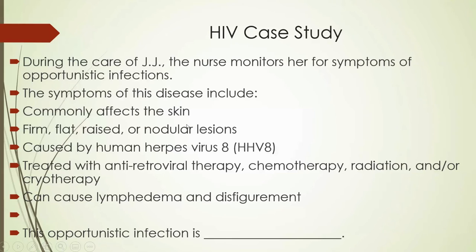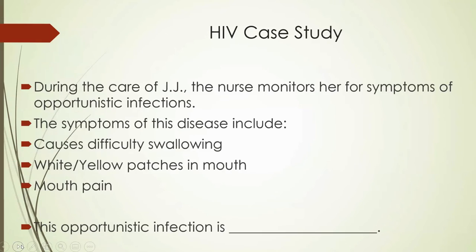So the picture we saw had a lot of reddish lesions, but it might look similar to that. And another one causes difficulty swallowing, leads to white or yellow patches in her mouth, and leads to mouth pain. This opportunistic infection could be thrush or candidiasis, oral candidiasis.